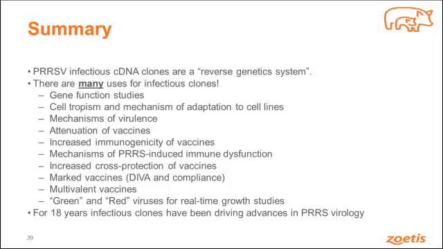So in summary, PRRS infectious cDNA clones are a reverse genetic system for PRRS, and they work pretty good, and we know how to do that now.